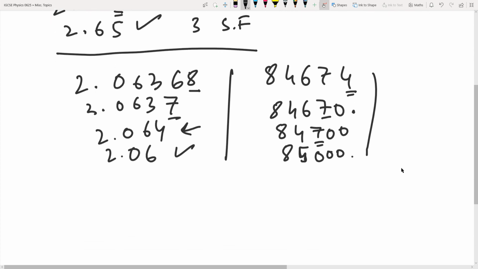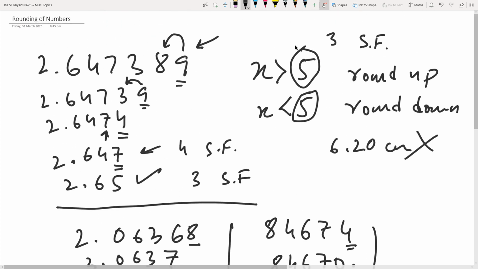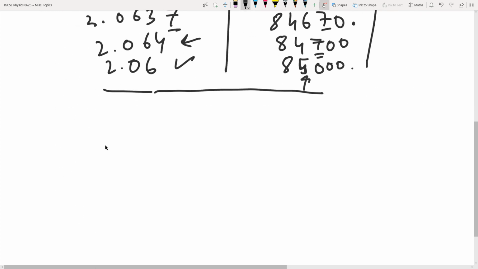But now for the unique case where you actually have 5 in the number, this 5 is quite the trouble. As I said, the rule suggests x to be greater than 5 or less than 5. But what if x is actually 5? So let me write this number: 2.6195579.